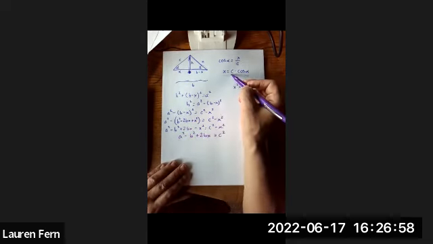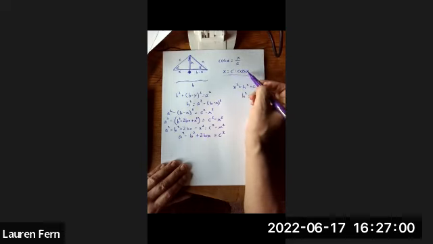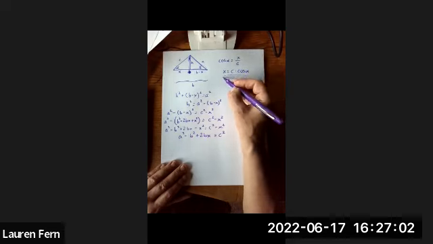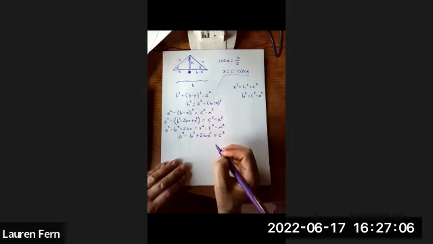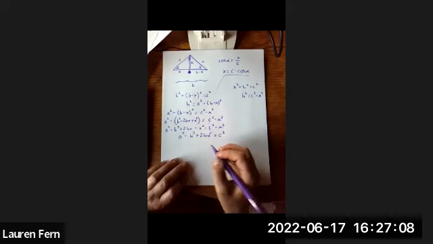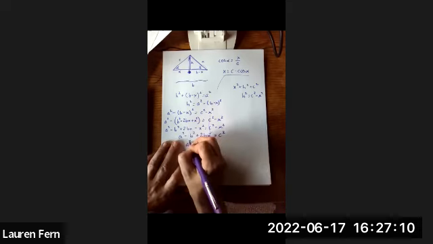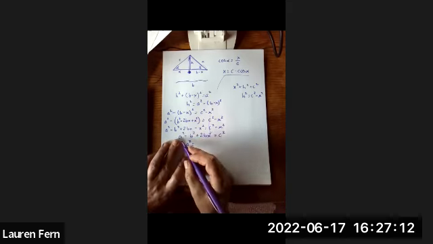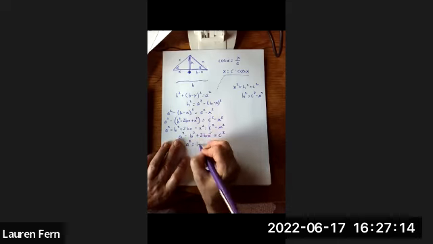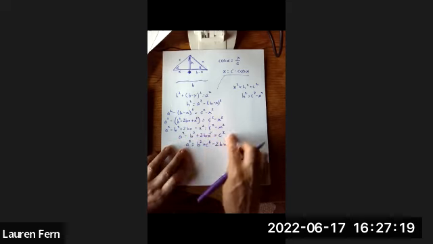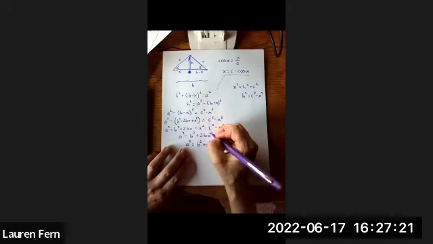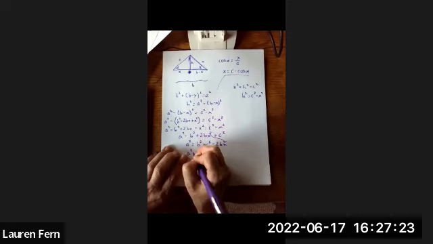Well, x, notice, is c times the cosine of alpha. So what this tells me then, first I'm going to solve it for, say, a squared. A squared is b squared plus c squared minus 2bx. Let's just move everybody to this side. And now I'm going to plug this in.